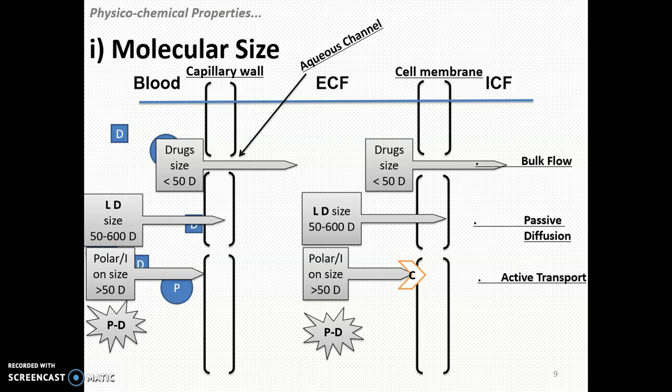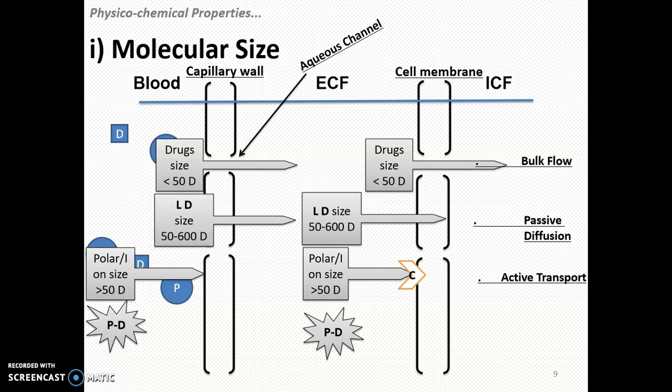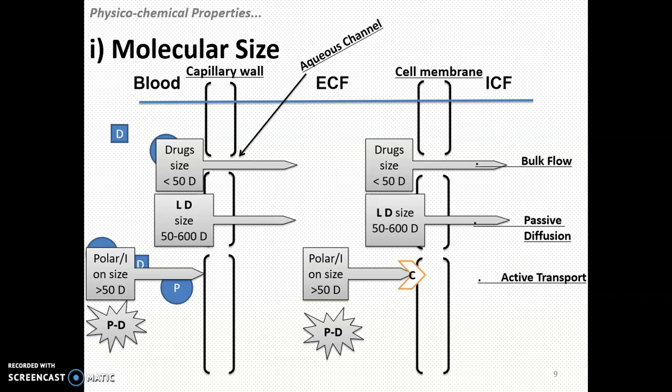Now we have drugs which have greater lipophilicity and a molecular size of more than 50, to the extent of 600 Daltons. They cross the biomembranes through the passive diffusion process. These drugs cross the capillary wall as well as the cell membrane through passive diffusion.